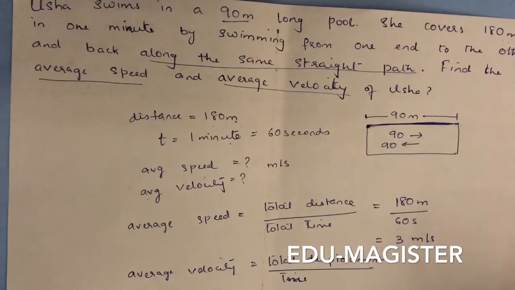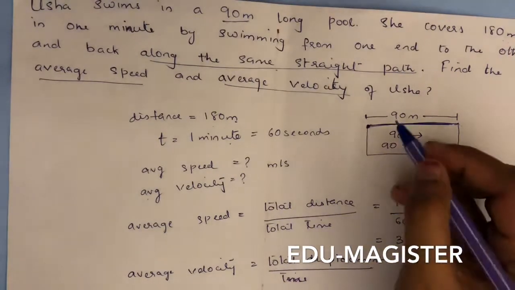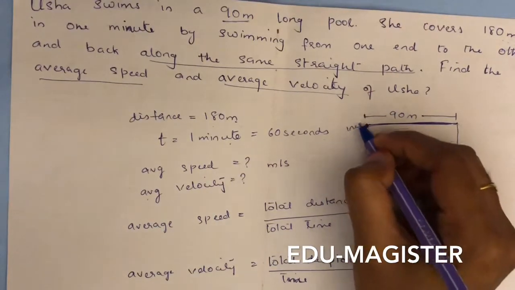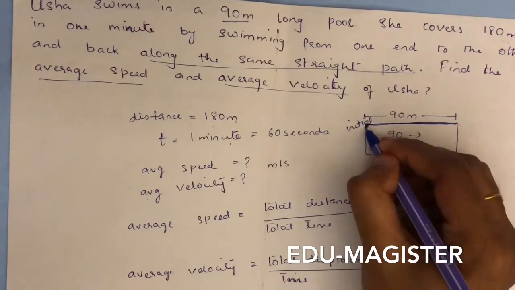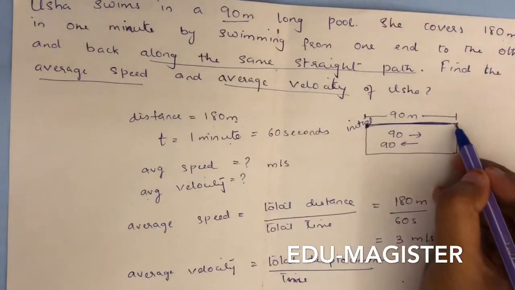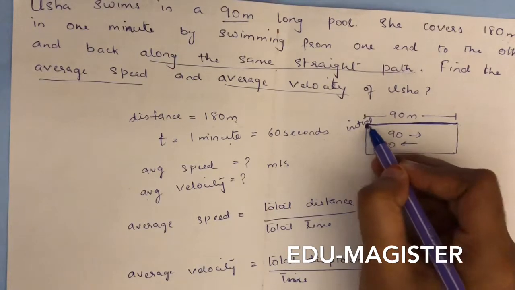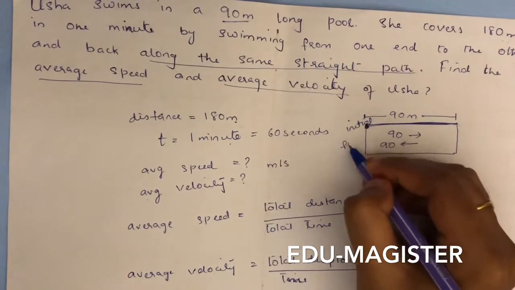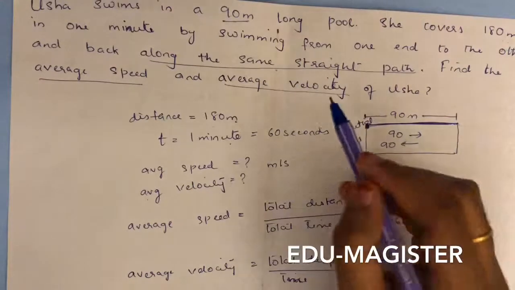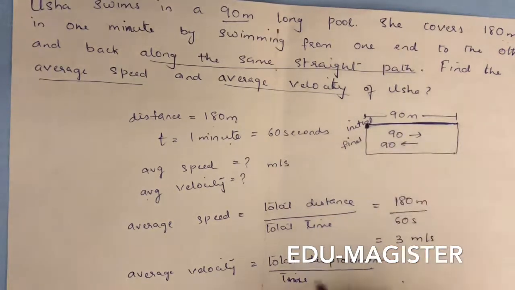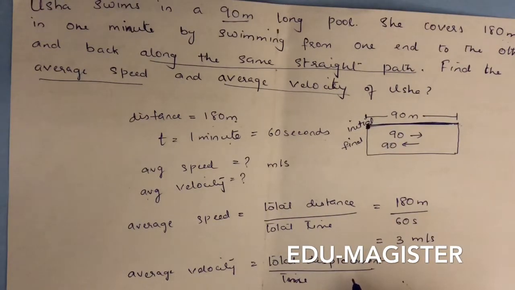Displacement is the shortest distance between the final and initial points. Here, Usha was starting from this point, so this will be her initial point. And then she is swimming to this point and then back to this point again. So this becomes her final point also. So in this scenario, the final and initial point were coinciding. Thus, the displacement will be 0.